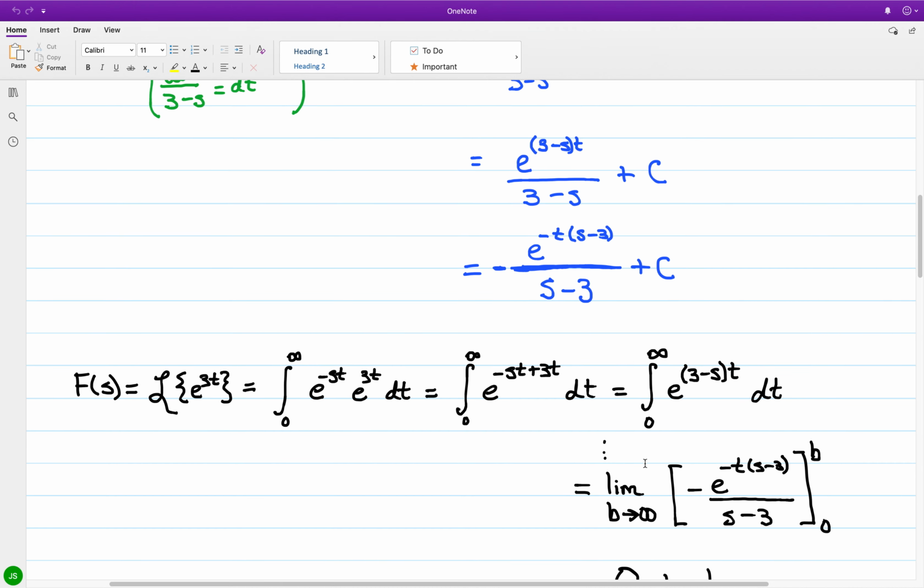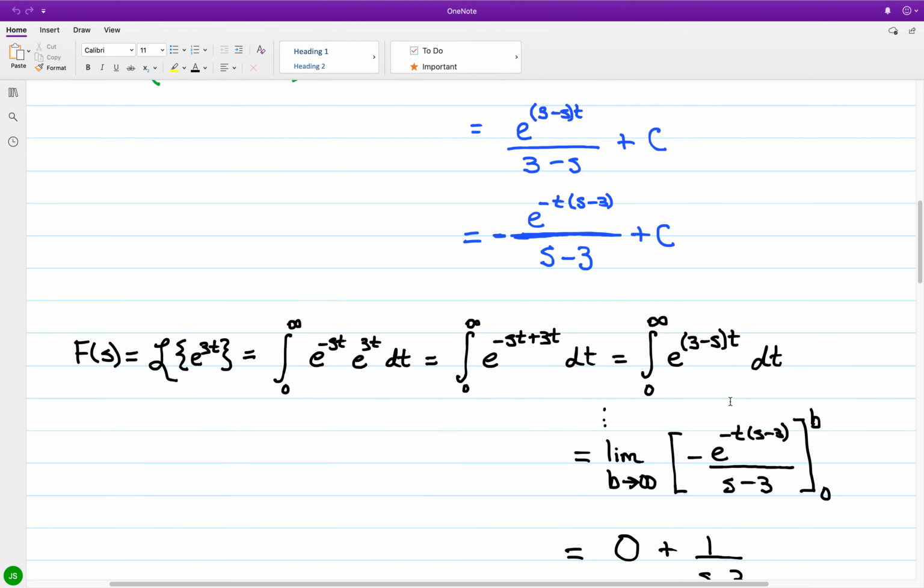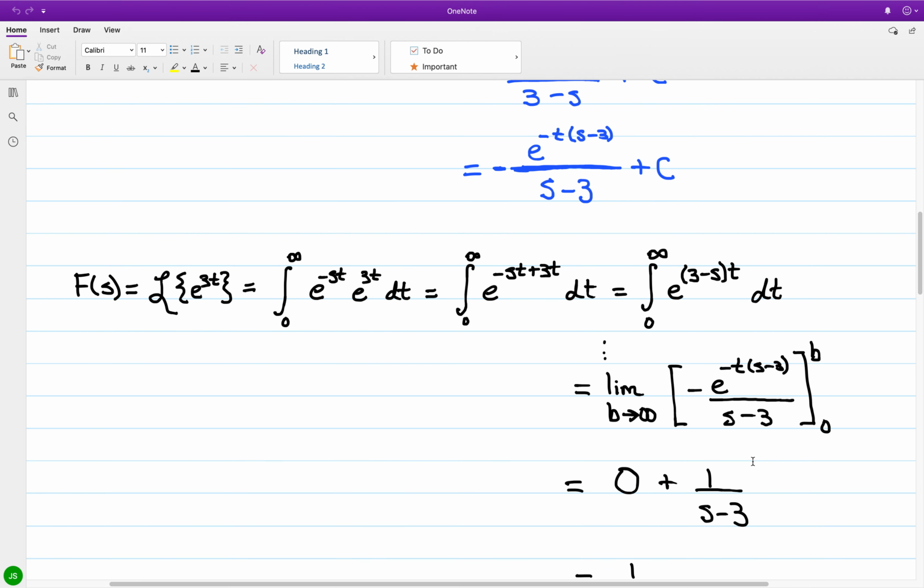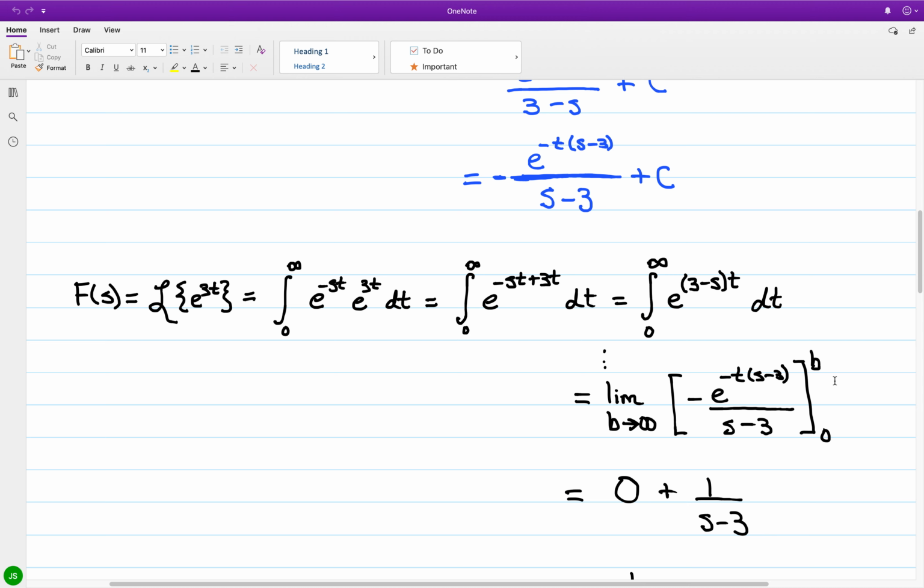Okay, so we have our integral with the Laplace transform and applying limits in advance, bypassing some of the in-between stages. We had the limits going from 0 to b as b approaches infinity and putting in the antiderivative. If I have b to represent t, and I'm taking the negative of e to the negative b times s minus 3 as b approaches infinity, you're going to have e to the negative infinity.